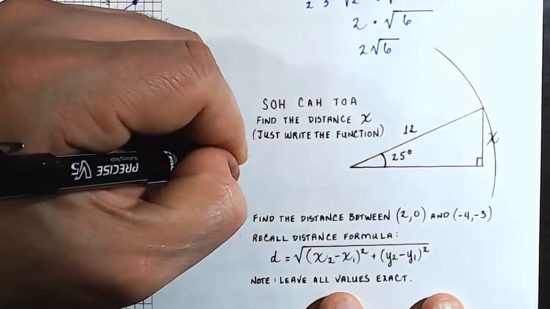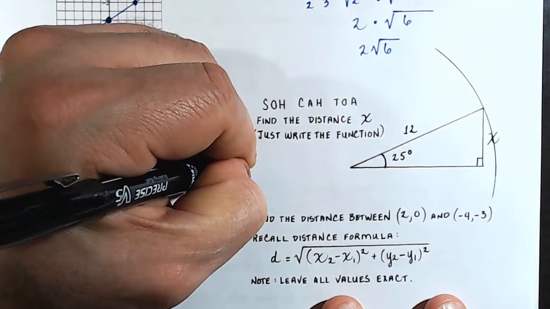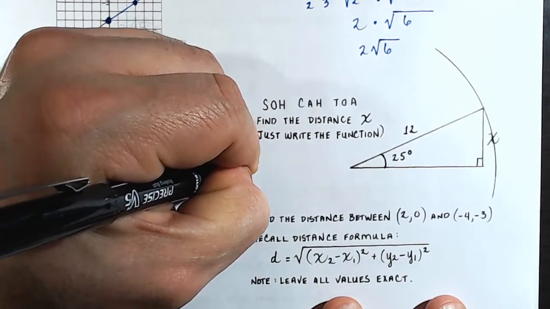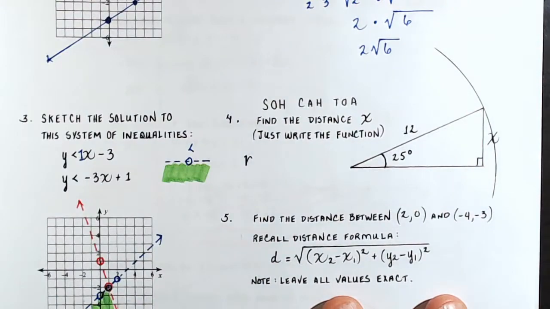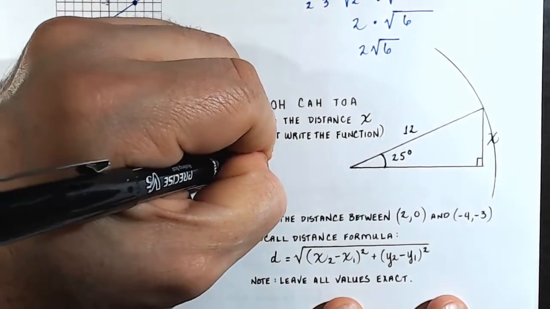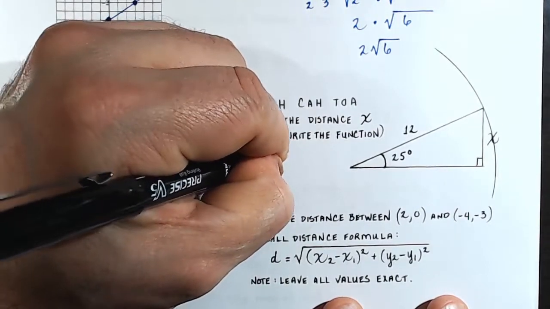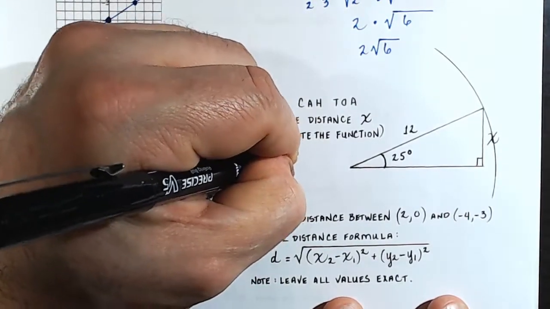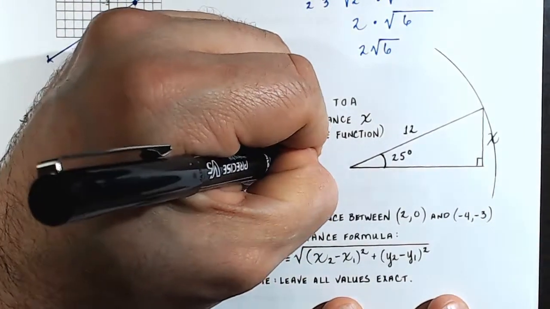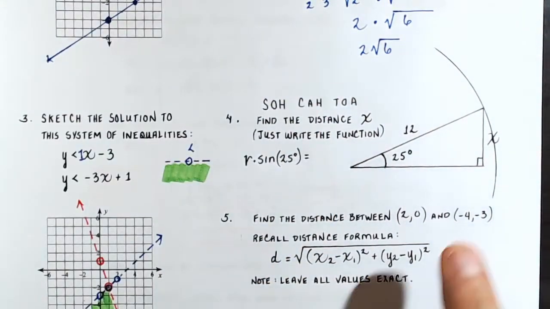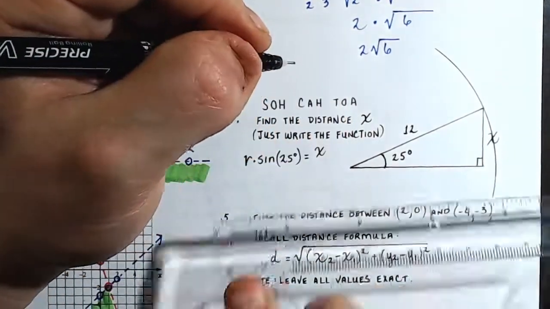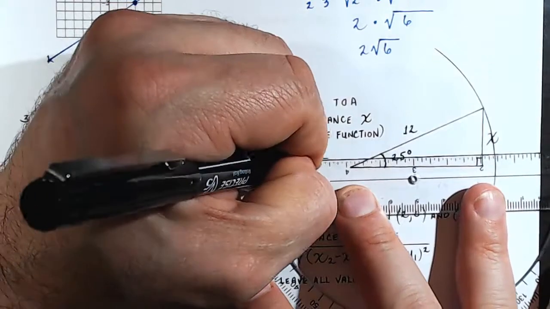And what I would say is the radius of this circle, r, times the sine of 25 degrees is equal to the opposite over the adjacent, x over 12.